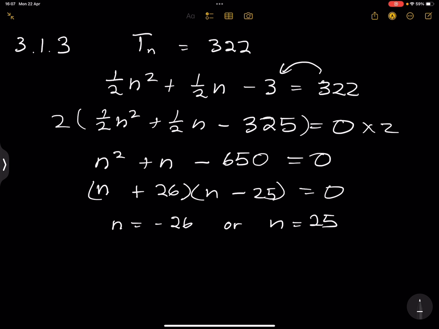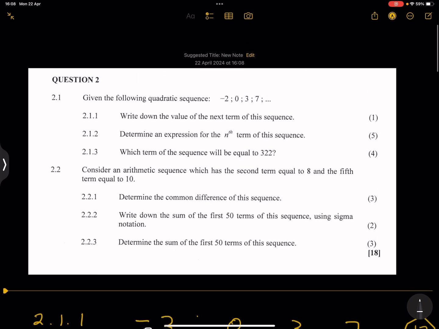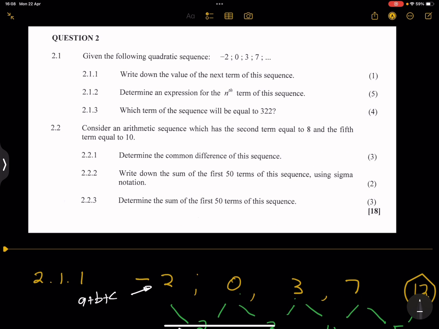Remember that n has to be an element of natural numbers, right? You cannot get a negative number of sequences. So as a result, this is not applicable. So therefore, n is equal to 25. Okay, right. So that would be the value for n.